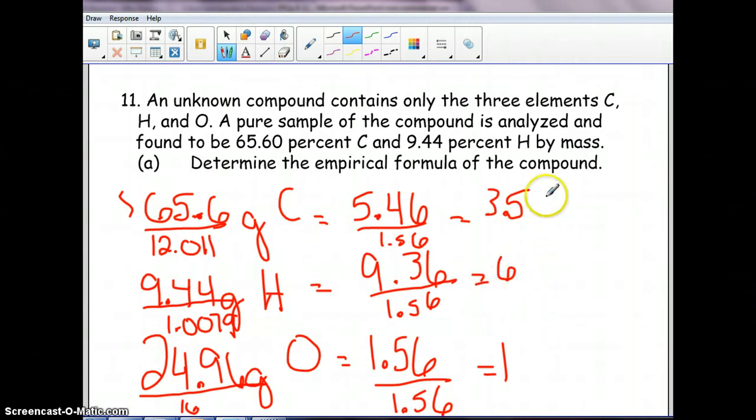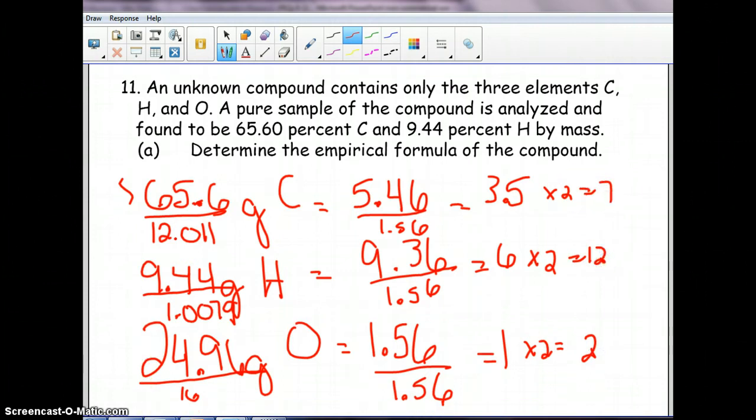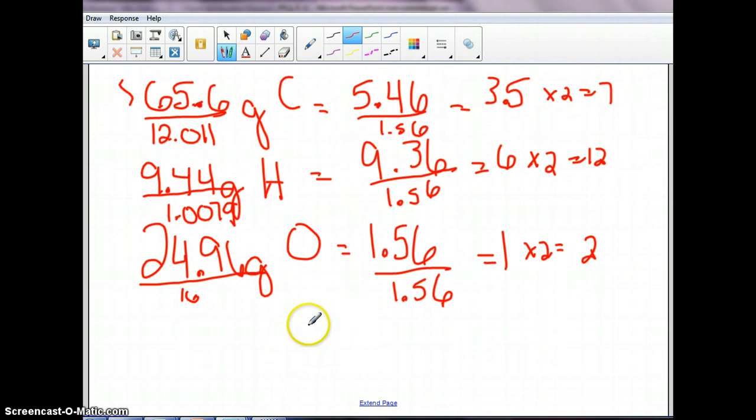Okay, now you know you have a 0.5, got to get rid of that. So 0.5 is the same as a half, and we're going to multiply by the denominator, which is 2. So all these get multiplied by 2. So we got 2, 12, and 7, and those become the subscripts of our formula. So we got C7H12O2, and that's all you got to do for those.